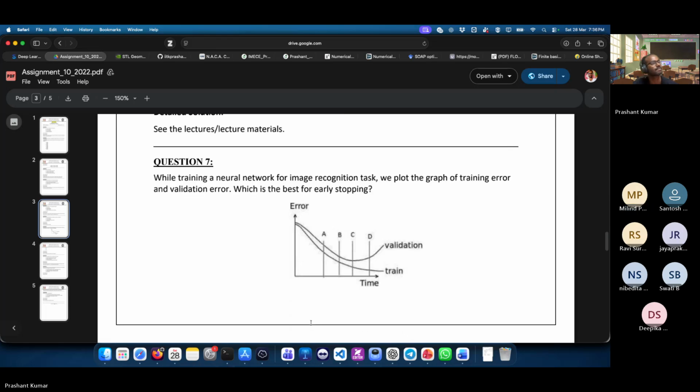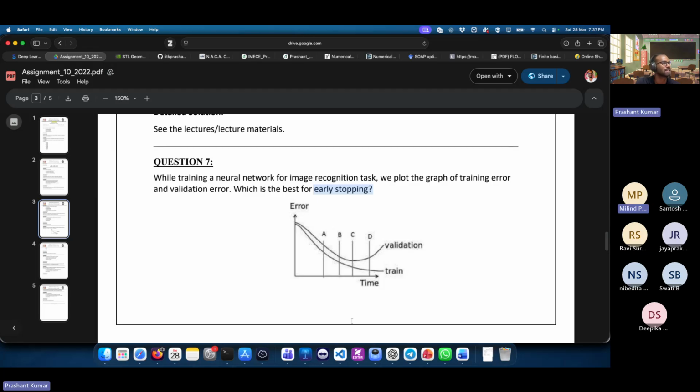Training of a neural network. I did not discuss it, but yes. Training and validation. Which is best for early stopping? The name itself suggests what early stopping means: when you want to stop the training.